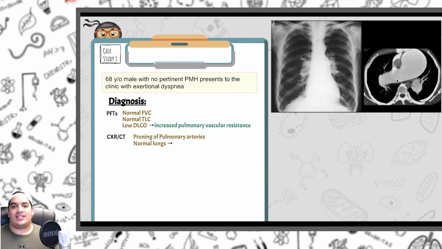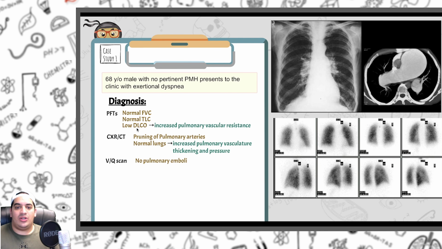When I get a chest CT, guess what I do see? Holy crap, that right side of the heart is huge and my pulmonary artery is bigger than I can even imagine. This thing's gargantuan. So there's dilation or pruning of the large pulmonary artery here, definitely supporting high pulmonary artery pressures and a lot of pulmonary vascular resistance as well. So again, more supportive of pulmonary artery hypertension that has no type 2 or type 3 cause at this point.